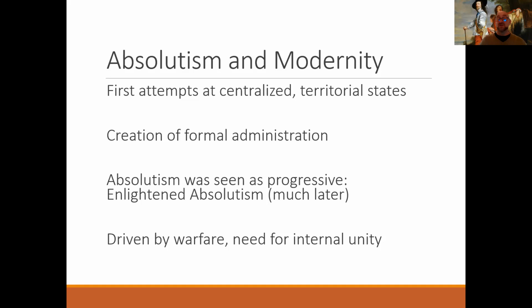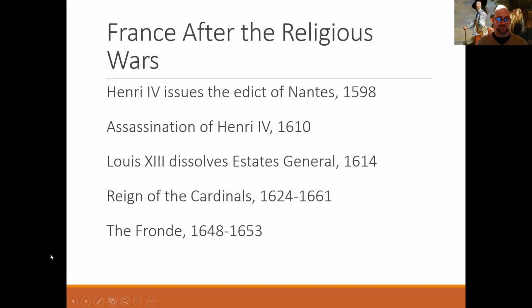So one of the reasons absolute monarchy attempts to overcome this is so that you can have a unitary state in our terms, which they don't have. Then, of course, I mentioned places like Prussia, Austria, Spain, where you have territories widely different from each other, speaking different languages, having different religions. You need unity. And so the authority of the monarchs is supposed to provide this to a certain degree.